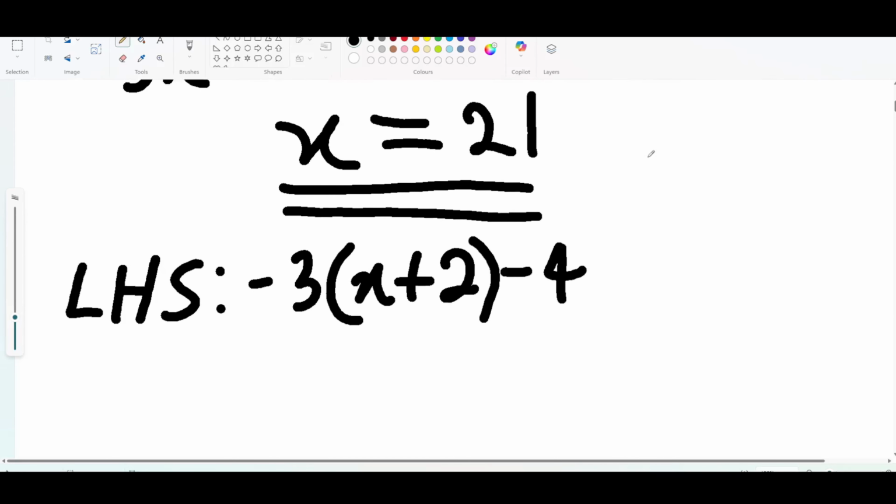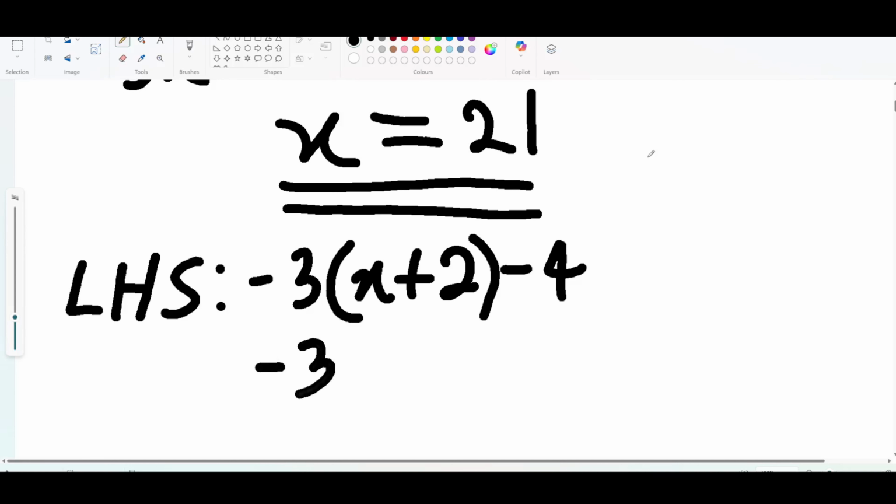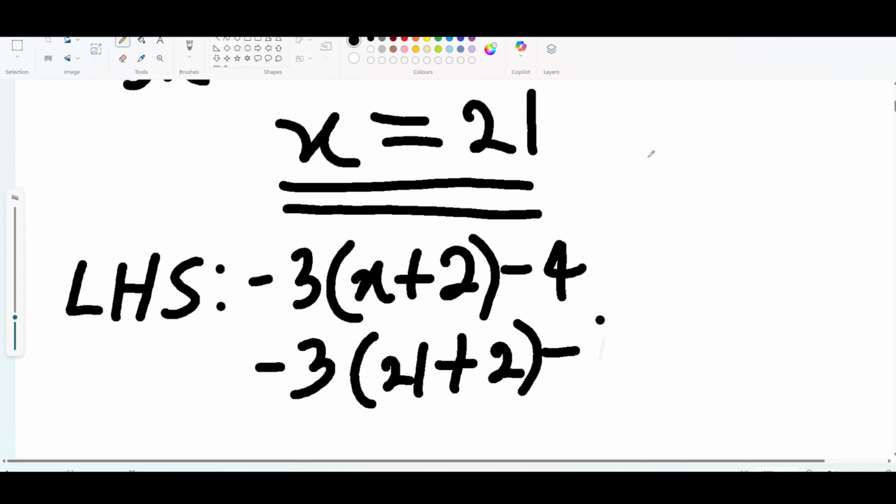So we want to solve this left hand side. This is minus 3 into 21 plus 2 minus 4. If you look at this very well, if this multiplies this, that's 23 times 3, we get 69, and this minus 4, we get 73, minus 73.